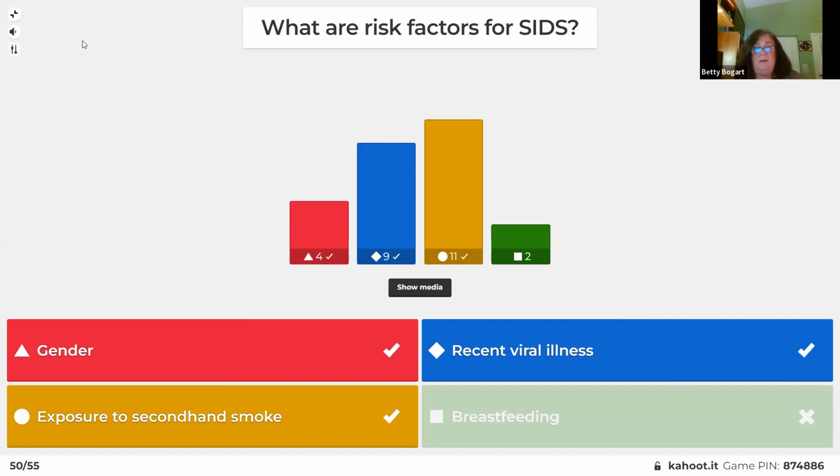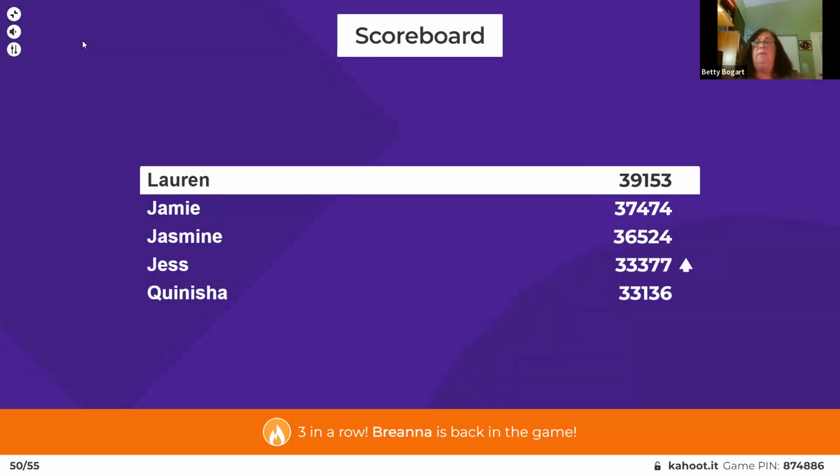So that's a risk factor. Smoke, absolutely. A recent viral infection, all those are risks for maybe having SIDS. If you're breastfeeding, they say breastfed babies have less chance of SIDS. So absolutely not breastfeeding is a risk factor. Breastfeeding is a good thing.